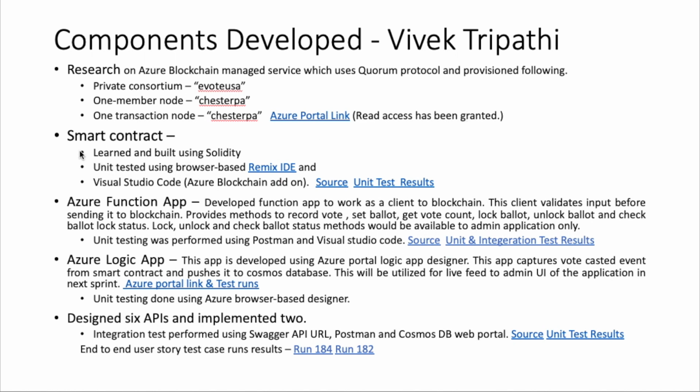Next, I developed a smart contract using Remix IDE, using Solidity language, and it was unit tested using Remix IDE as well as Visual Studio Code, and test results are available here, and sources available here.